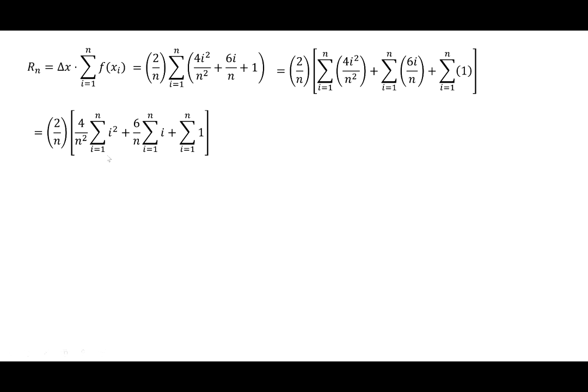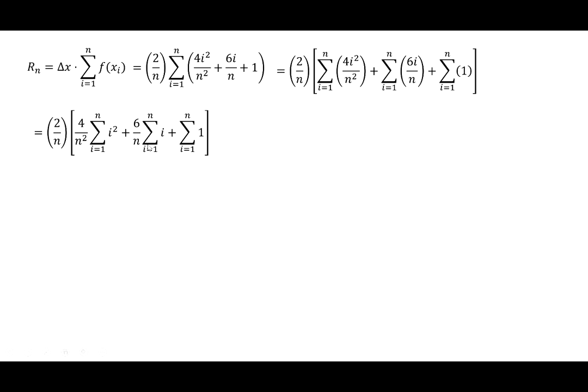Yes, I talked about special sums where we had precisely this kind of a sum. Sigma i equals 1 to n of i square, which was 1 square plus 2 square plus 3 square all the way up to n square. And I told you the formula, n times n plus 1 times 2n plus 1 over 6. So we can just simply plug in that formula for sigma i square.